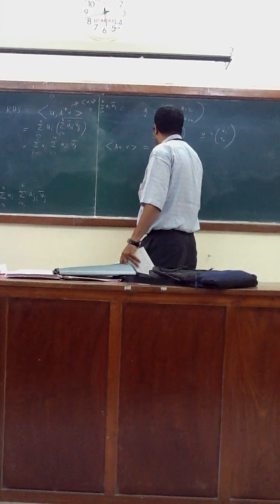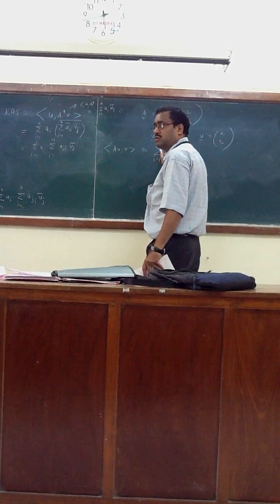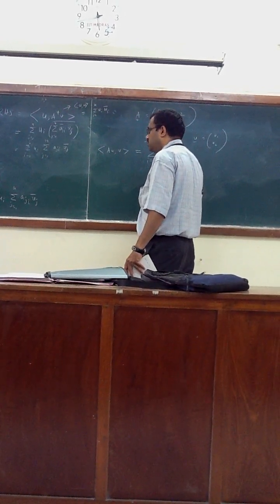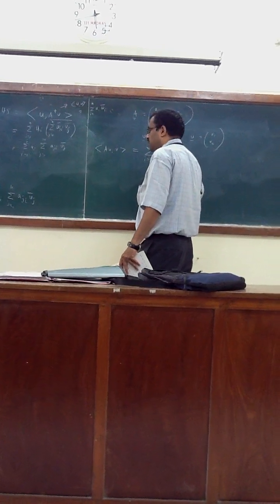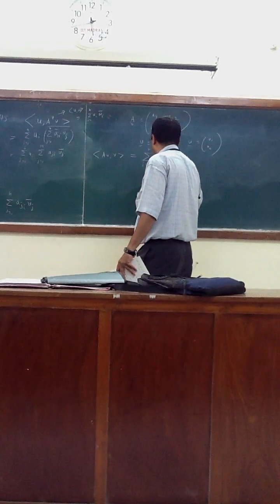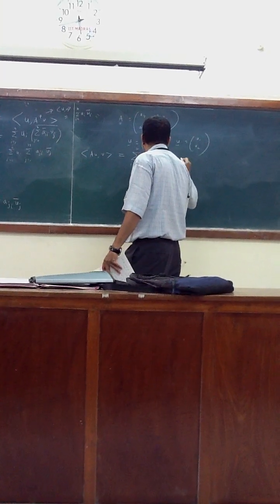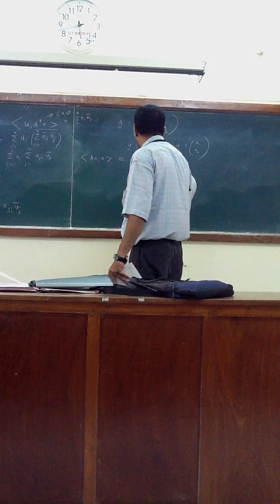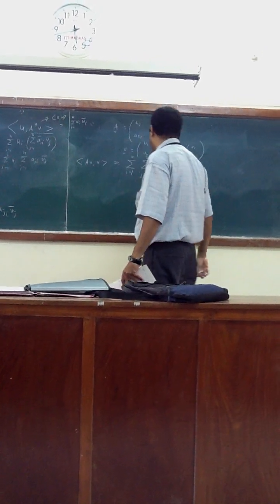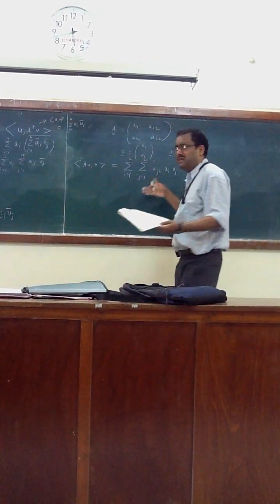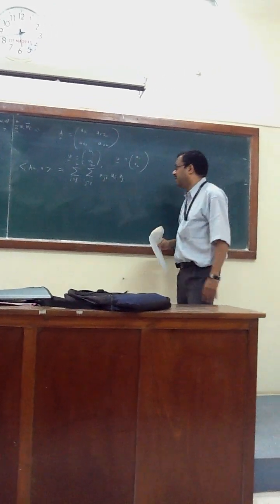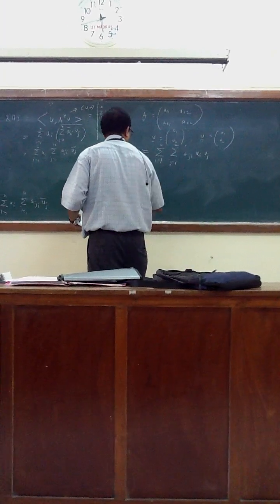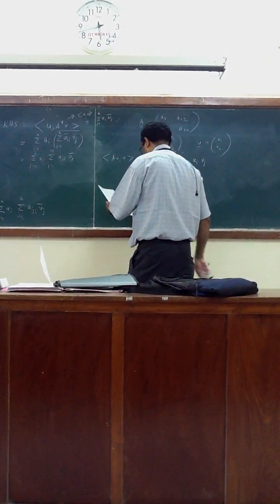Summation i equals 1 to 2, summation j equals 1 to 2, Aji, Ui, Vj. Sorry, Aji, Ui, Vj bar, but all are real here, so you can neglect the bar on Vj. So what is my final formula? Now what actually happens?